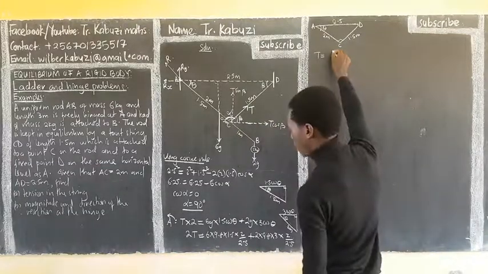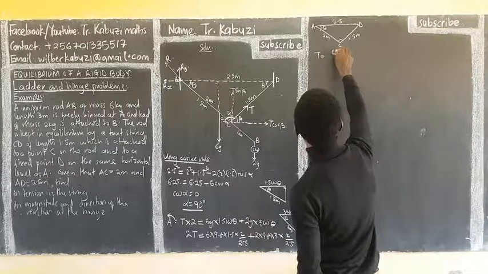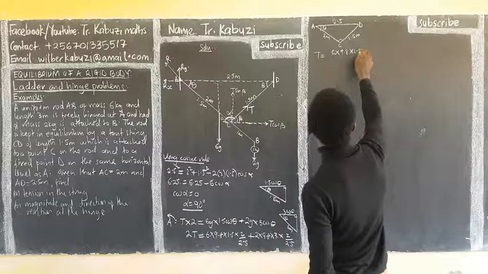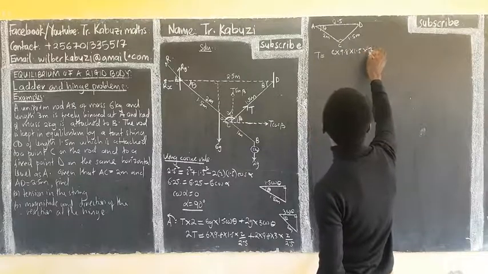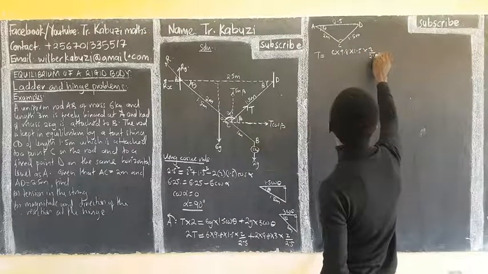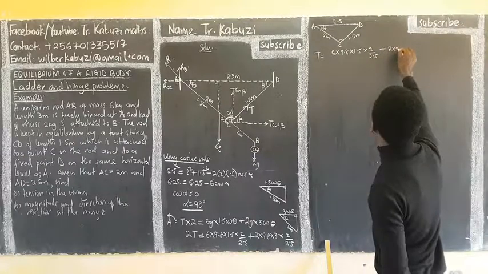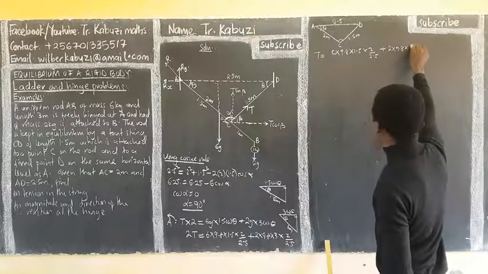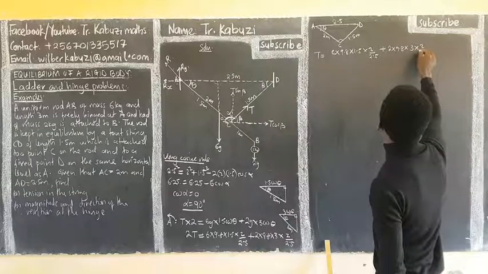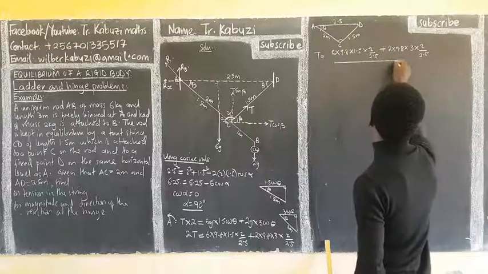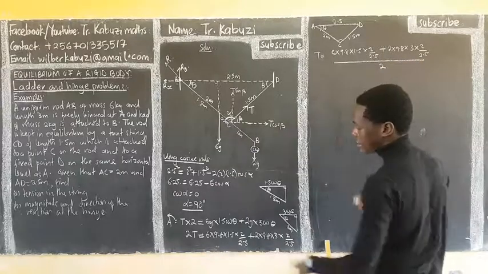You can just get 6 times 9.8 times 1.5 times 2 over 2.5 plus 2 times 9.8 times 3 times 2 over 2.5, the whole divided by this 2.